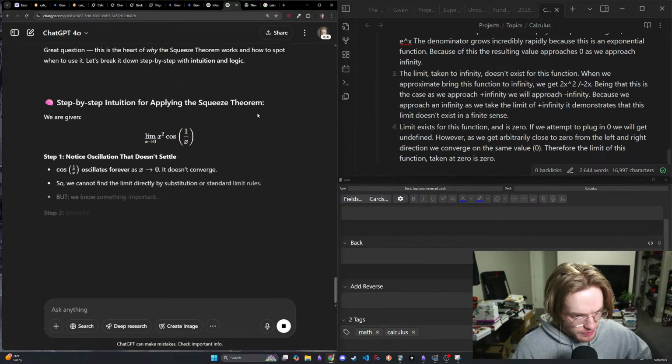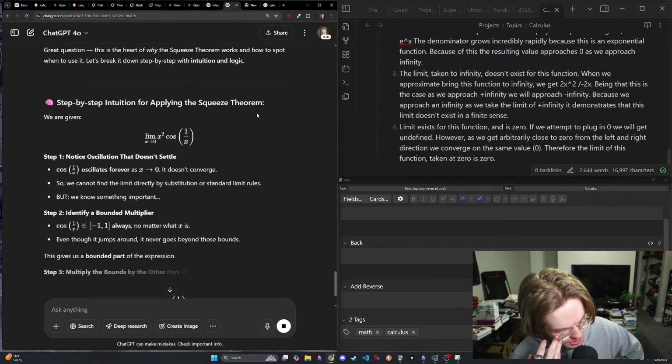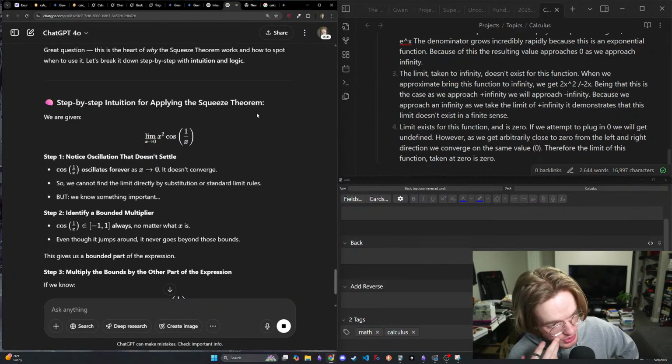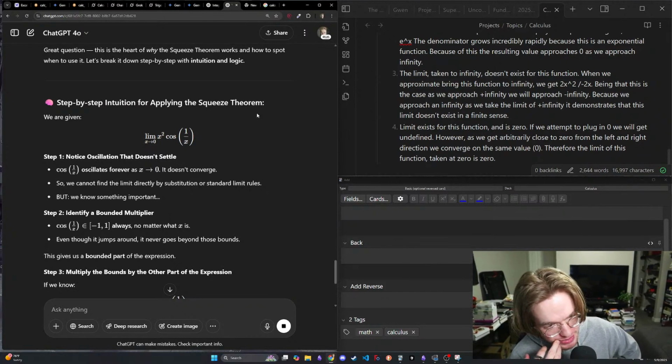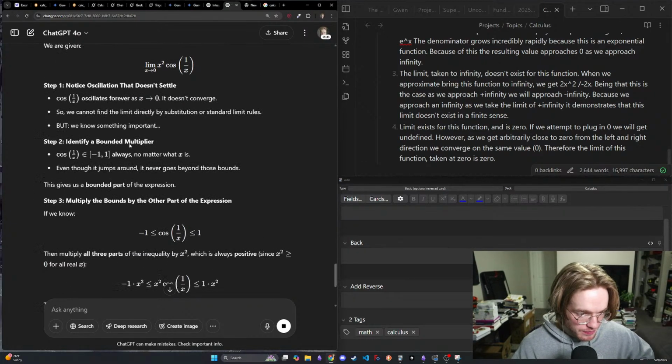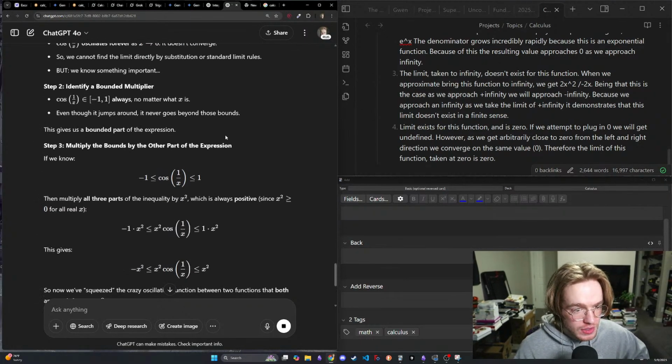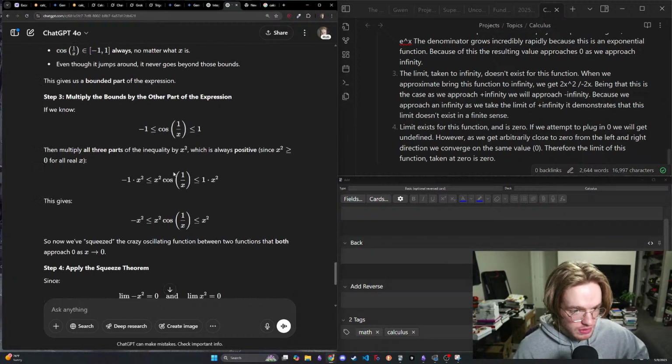Okay, so we know the oscillation doesn't converge, okay? So we can't find the limit directly by substitution or standard limit rules, okay? But we know something: it never goes beyond those bounds. It gives us a bounded part of the expression.